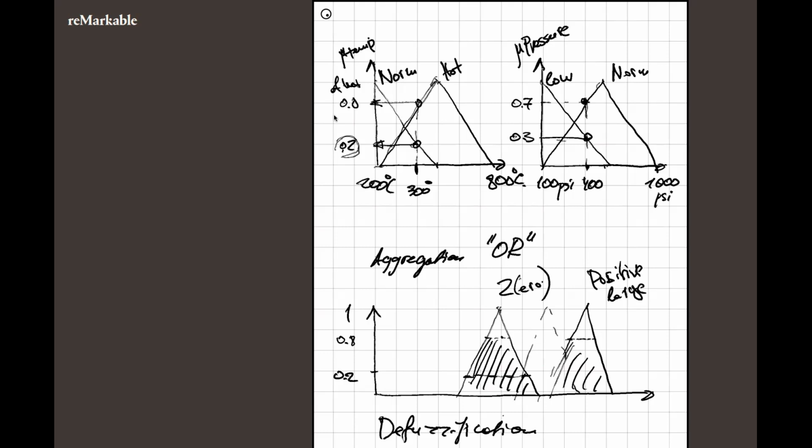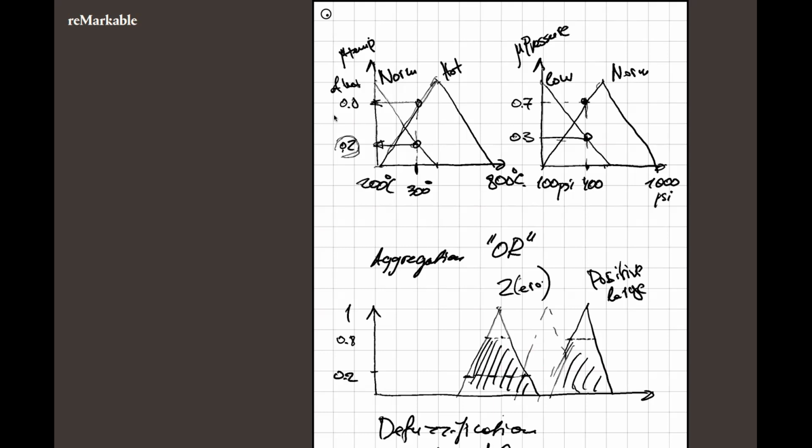You can compute the mean value somehow. So you compute the areas and take the mean, or you can take the minimum value of the activated or the maximum.